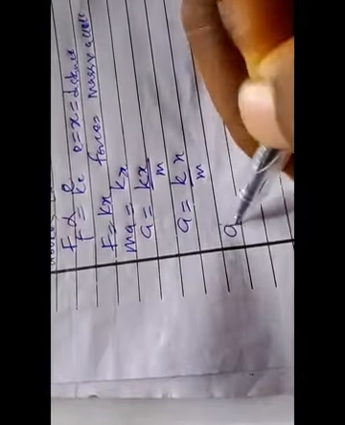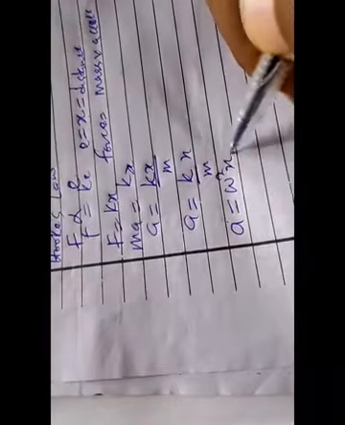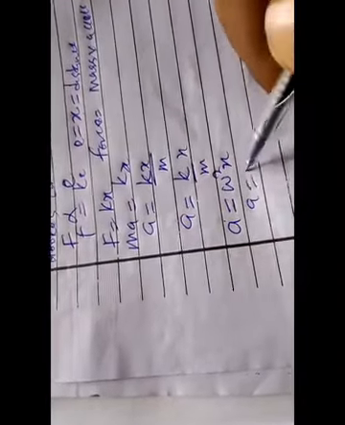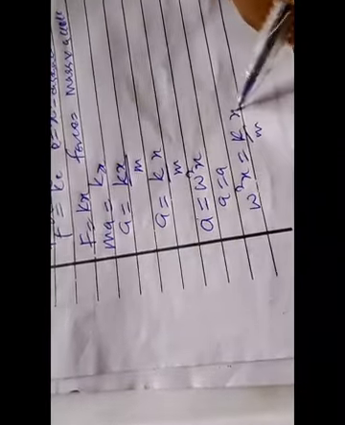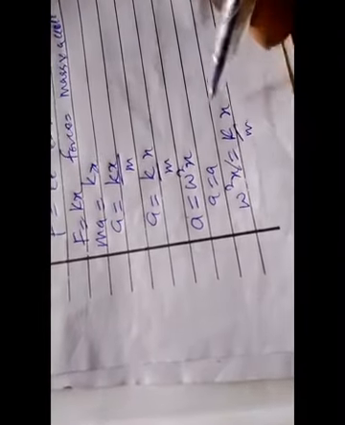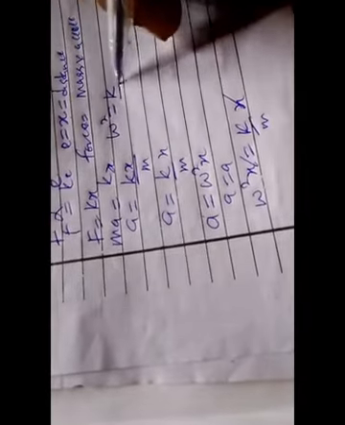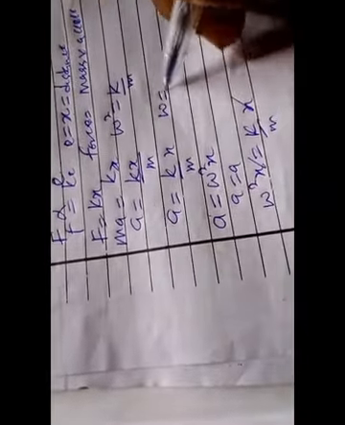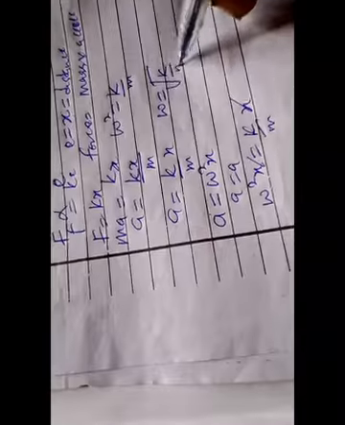Now we'll go back to our understanding of simple harmonic motion, that a is always equal to omega squared x. So that means a is equal to a, omega squared x is equal to k over m x. So that means x cancels x. We have that omega squared is equal to what? k over m. And this implies that omega is equal to the square root of k over m.